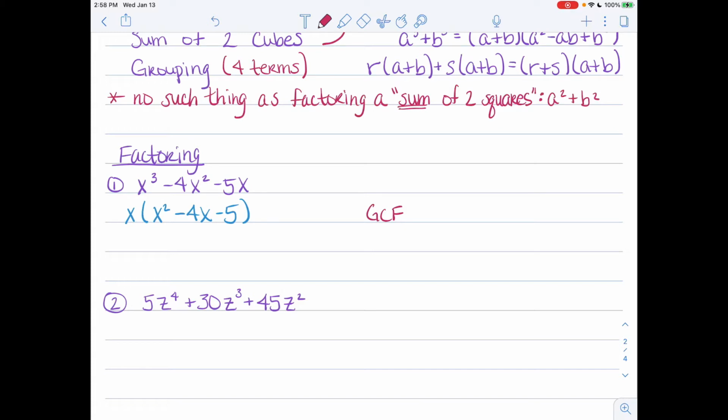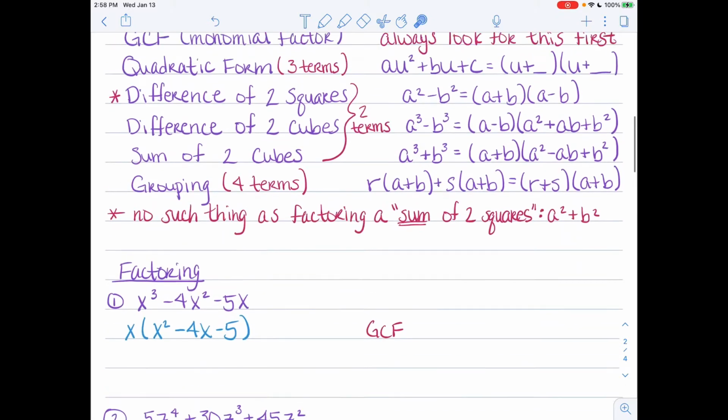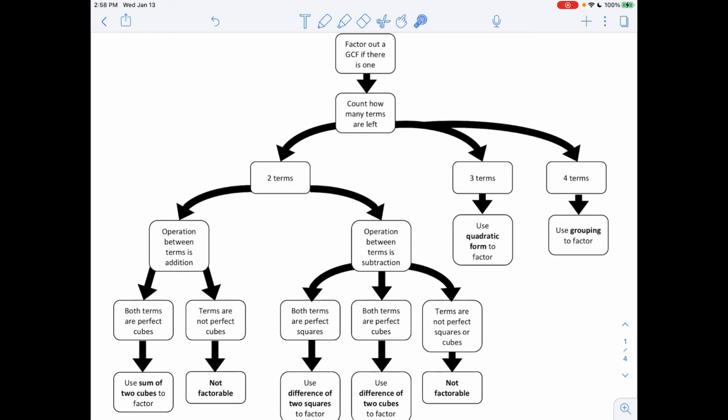Next, I'm going to look at how many terms I have left. I have 1, 2, 3. If you want, you can take a peek up at your diagram. It's going to help you until you become familiar with all of these factoring methods. So if we have 3 terms, we know we're going to be using some sort of quadratic form from our flow chart.